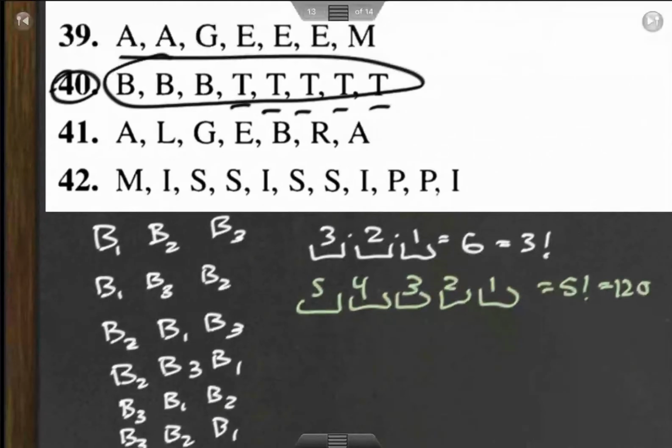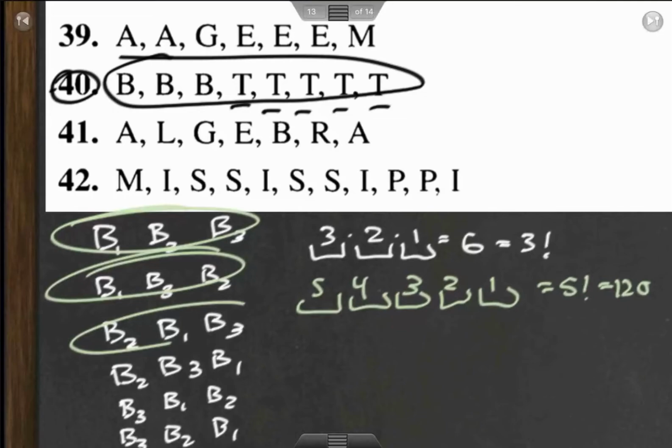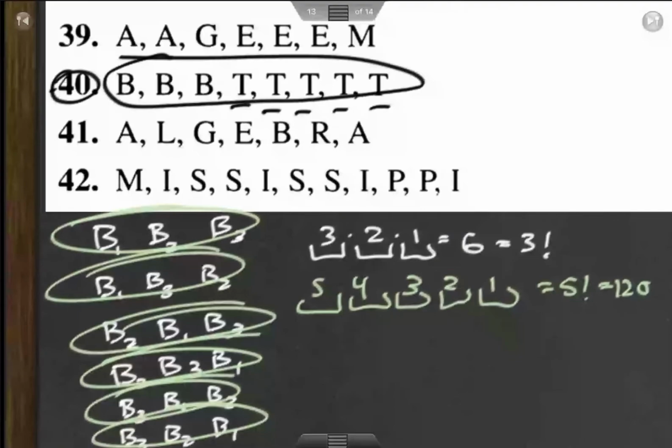Now, why is this important? Why do we need to know how many different ways we could arrange the B's and how many different ways we could arrange the T's? That's because we don't want to count each of these as different, because they're not distinguishable, which means they're not different. They're the same. We can see their difference because we put numbers to them, but up here there's no numbers to them. Those B's are the same essentially, so we've got to not count those.